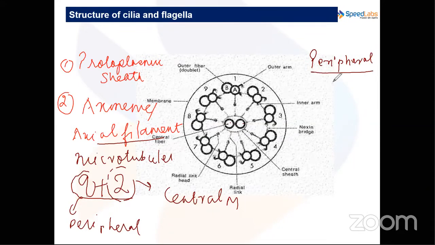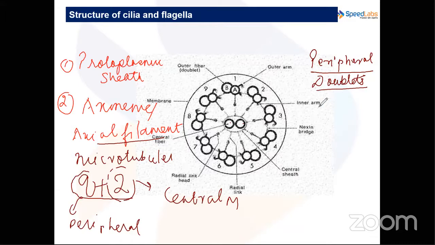each peripheral microtubule is a duplet. See, it has got an A part and a B part. So each microtubule is a duplet, and we are talking about the peripheral microtubules, and I told you they are doublets.